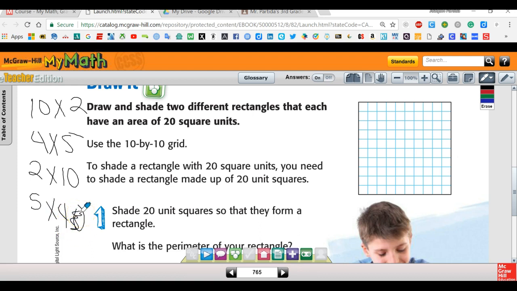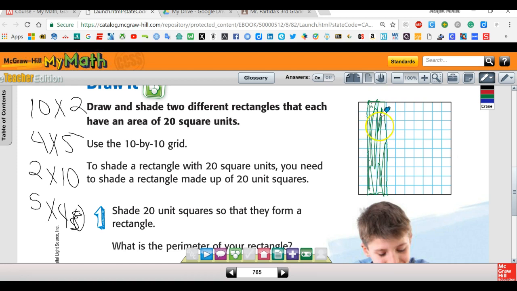So when I make a rectangle, I could use those numbers. Let's say 10 times 2. I'm going to go 1, 2, 3, 4, 5, 6, 7, 8, 9, 10. So I'm going to draw this line right here, and then 2, and there's a rectangle with an area of 20.